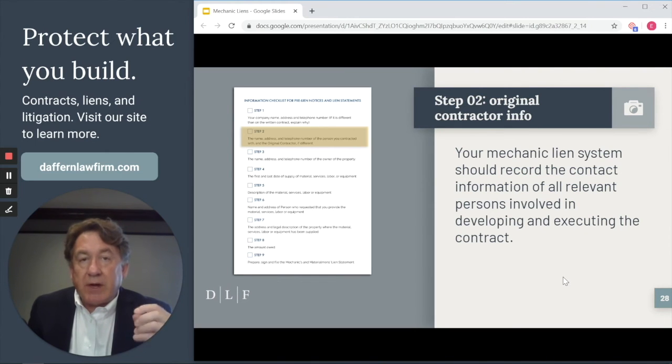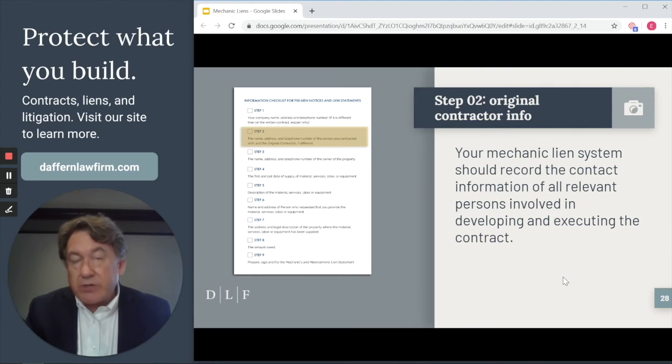Now, once you have that information, again, you can go to the Oklahoma Secretary of State website and get the accurate spelling of that name or how that name is set out, and be sure and use that name. Now, again, also record who the registered agent is and that registered agent's address, as well as the principal place of business.